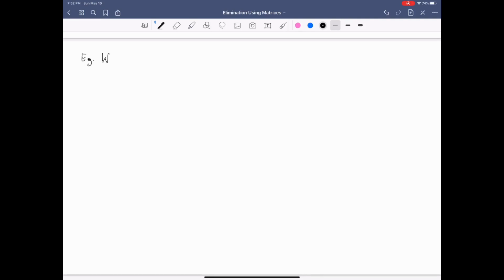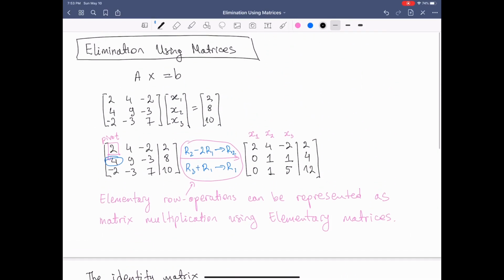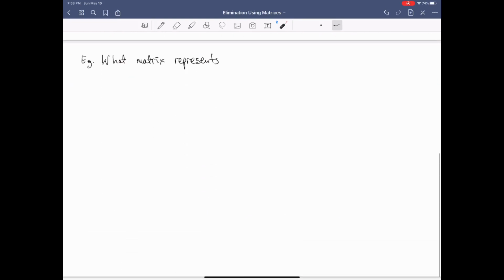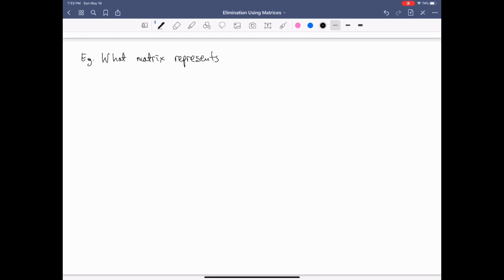What matrix represents, let's say one of the operations, this one, R2 minus 2R1 into R2. So we want a matrix that represents R2 minus 2R1 into R2.